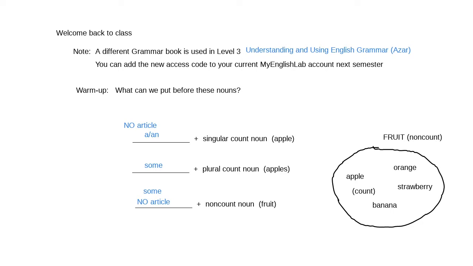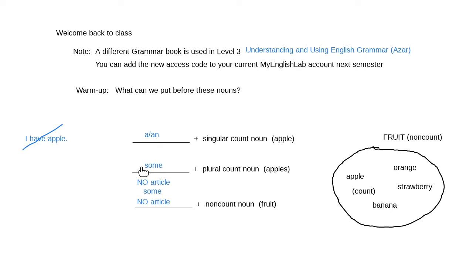Okay, and somebody put no article with a singular count noun. That's wrong. That would be like this. I have apple. Can we do that? No. I have to have an article. I have apples. So let's move that no article down with the some. Okay, so plural count nouns can use the same quantifiers or the same things as the non-count nouns.